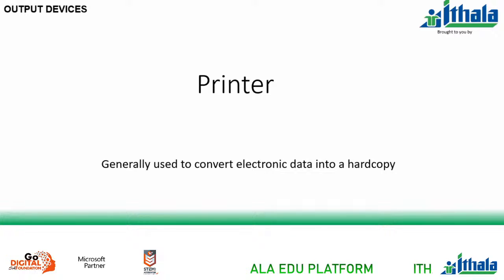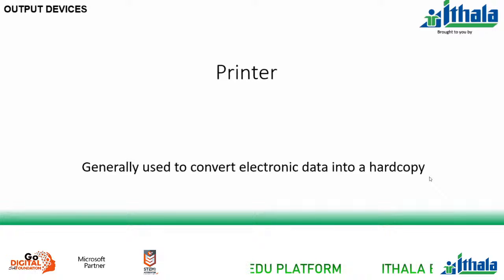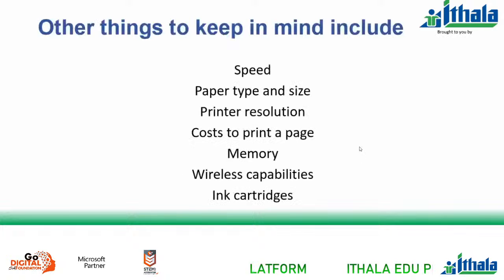So I want us to look at things to keep in mind when buying a printer, because that is very important, since most people do have a printer at least in their homes. The very first thing that one has to look at is the speed. The second thing is the paper type or paper size. Some use A4, others use A3.